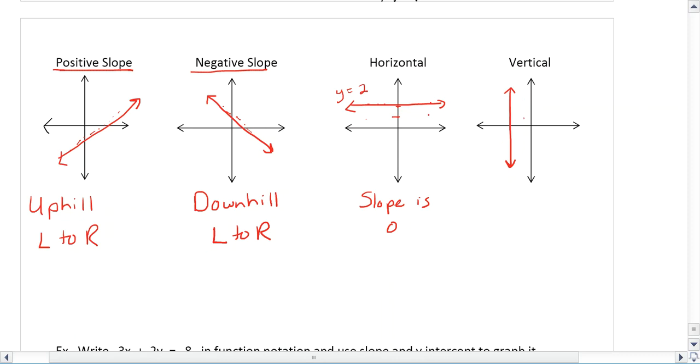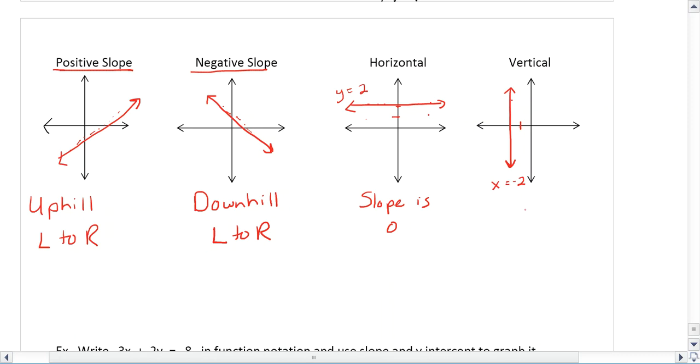However, it's very different here when we have a vertical line. This vertical line, if I've gone negative 2 units over here, x is a negative 2, y could be up here at 50 or down here at negative 400, but the x is always negative 2.